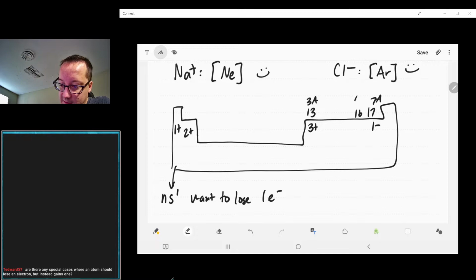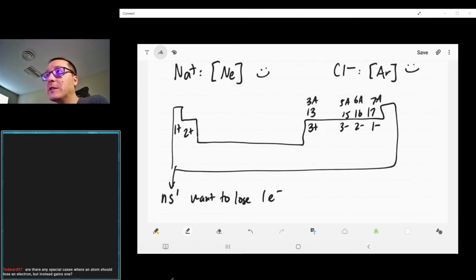In group 16, you have 2- ions. And then in group 15, you're going to have 3- ions. That's just typically how many electrons these elements are going to be gaining to become noble gases.